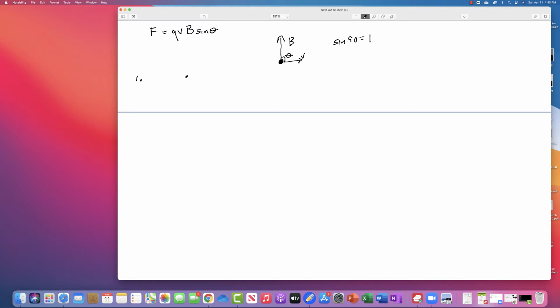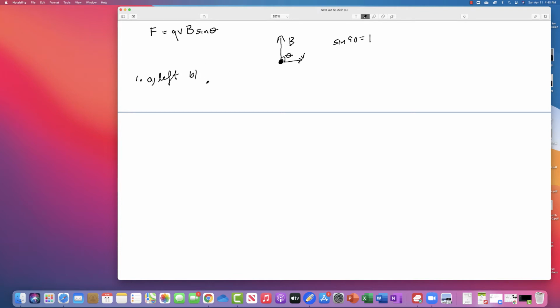For the first one, A, you have the field coming out of the page, so your fingers should face out from the page. The velocity of the particle is down, so your palm is facing to the left, and so the direction of the force on A is to the left.